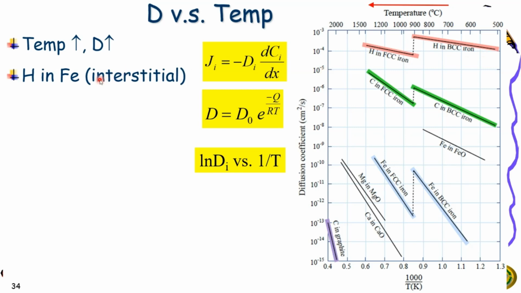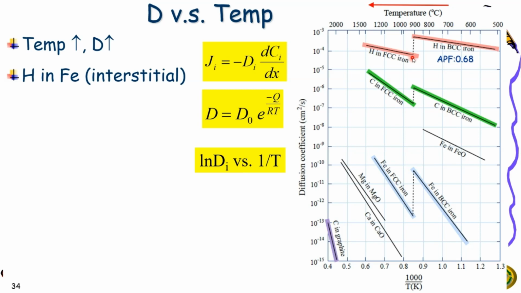This is called interstitial diffusion. And then you find that after 900, the diffusion dropped.